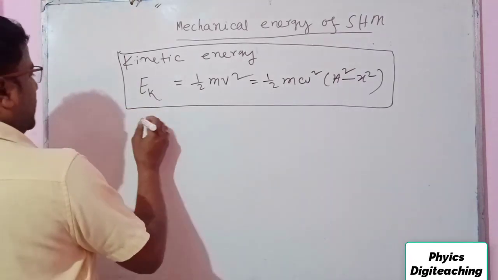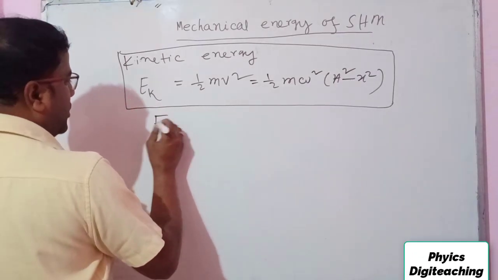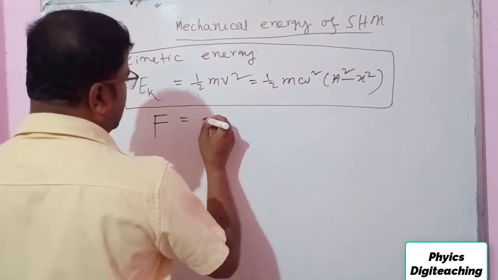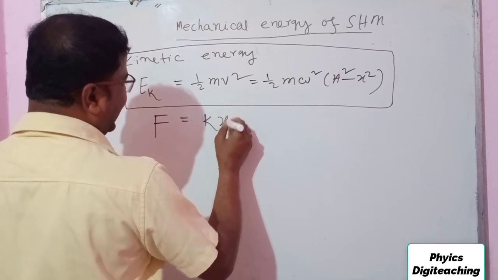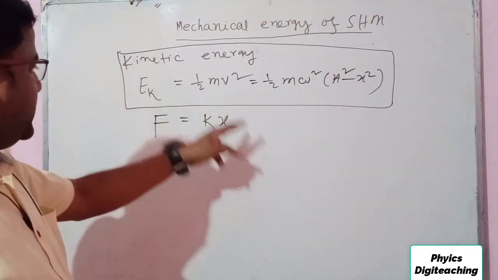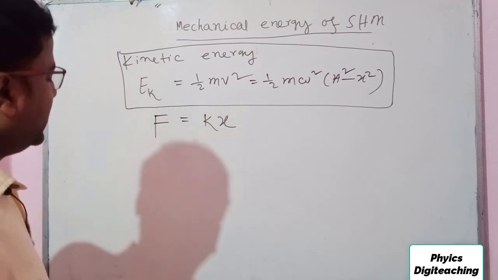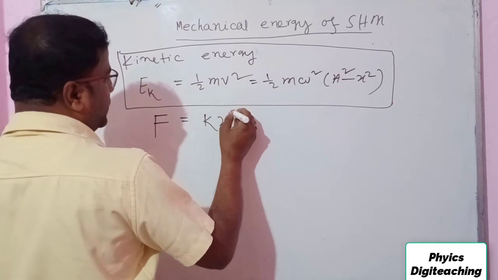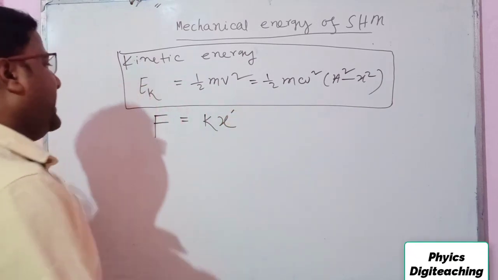First we know the force acting on the particle equal to kx. Here I take only the magnitude of the force, F equal to kx, or we can take it kx dash.